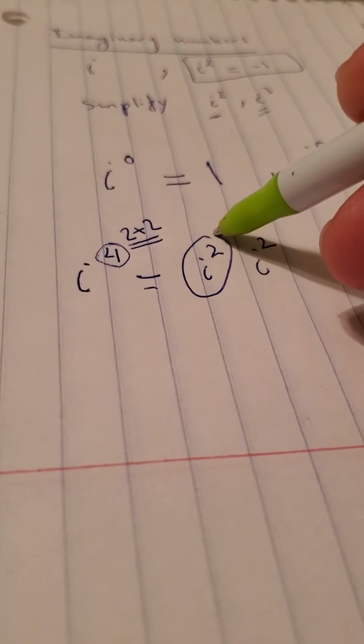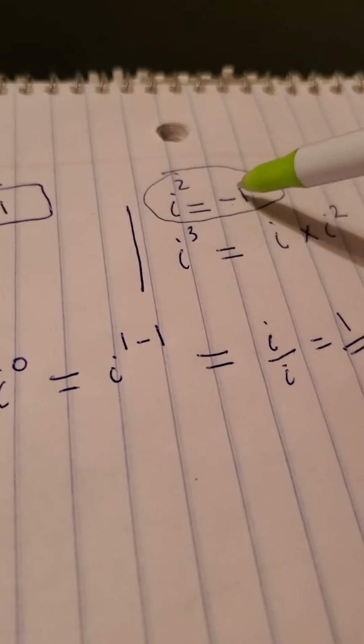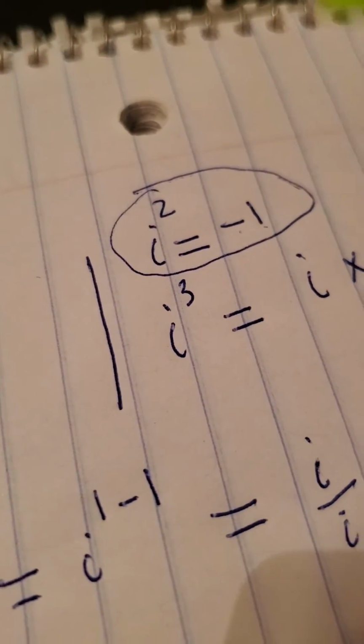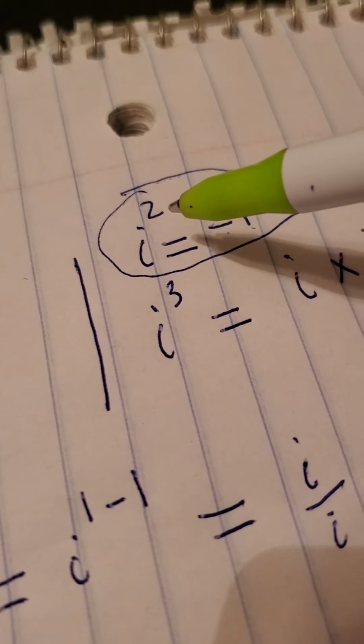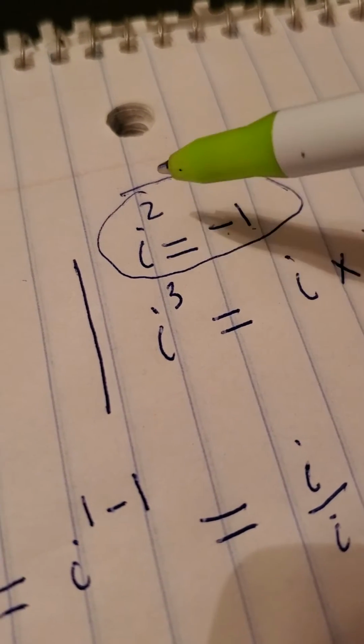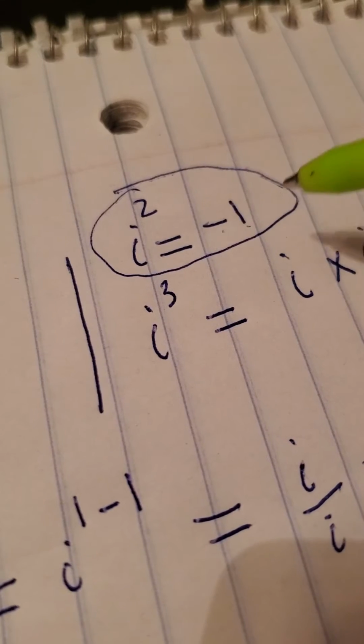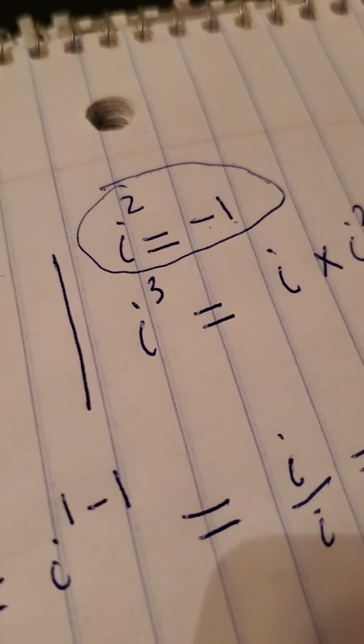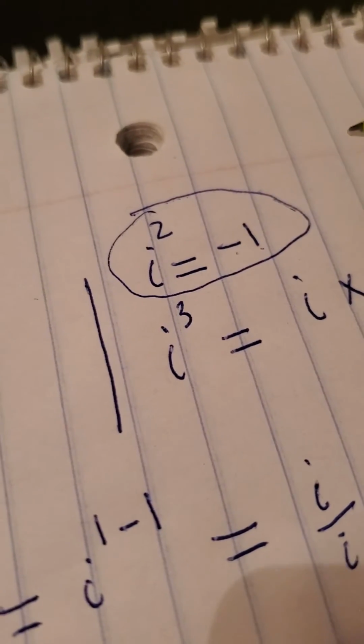Now i squared is equivalent to -1. That's the basic thing, the only formula you really need to memorize about imaginary numbers, that i squared is equivalent to -1, which is the definition of an imaginary number.